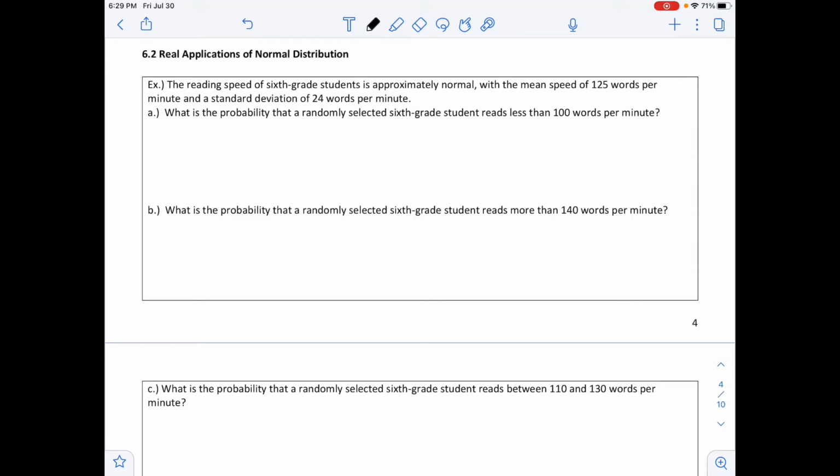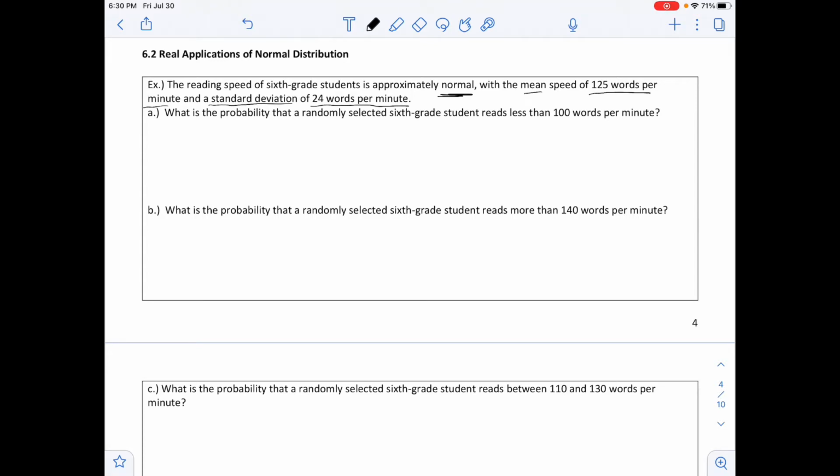The first example says the reading speeds of 6th grade students is approximately normal. Anytime it says normal, you know right away it's a normal distribution with a mean speed of 125 words per minute. So that's our mean, and a standard deviation of 24 words per minute.